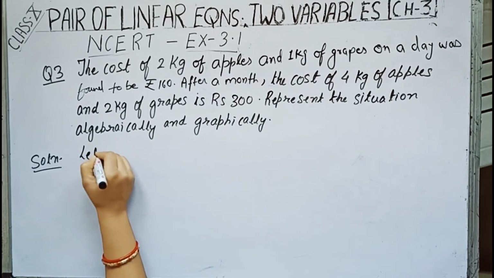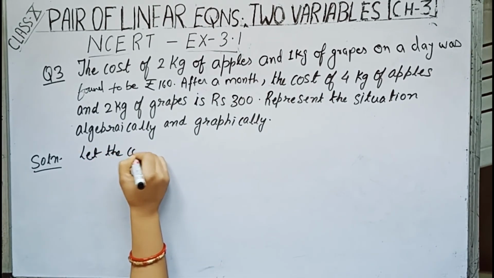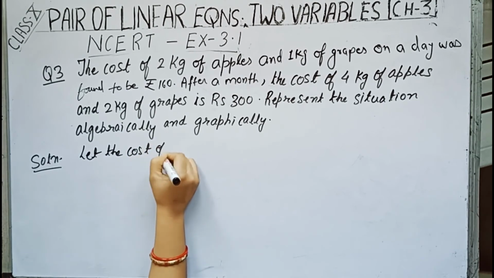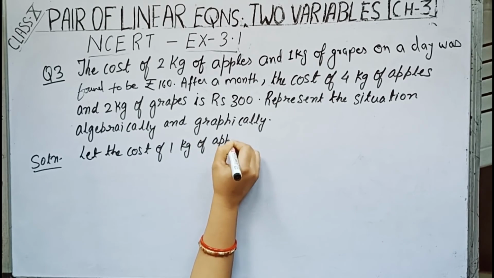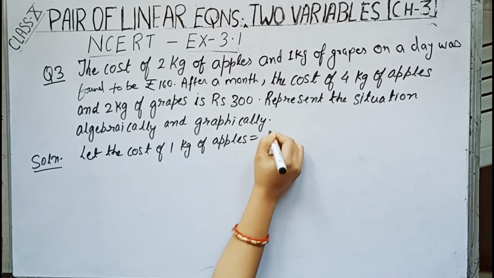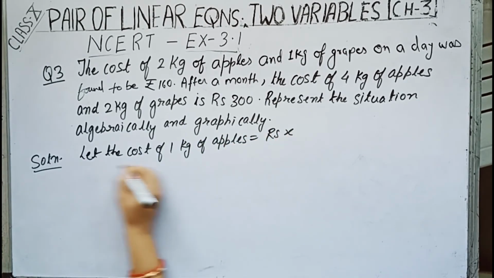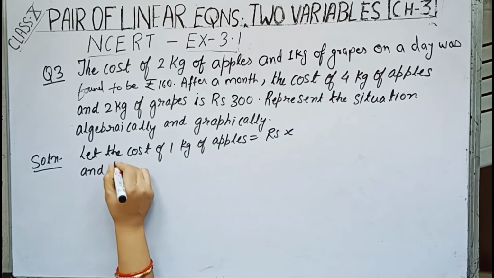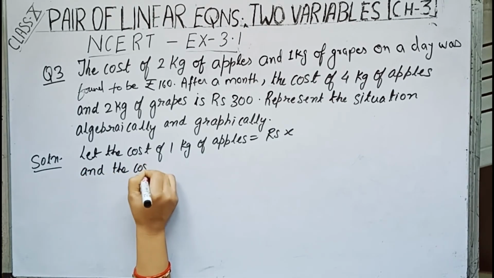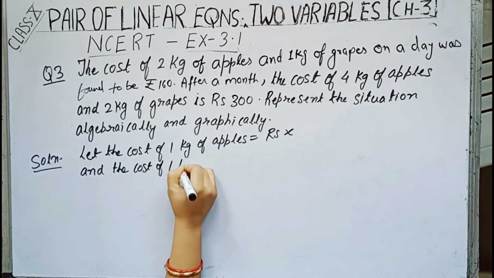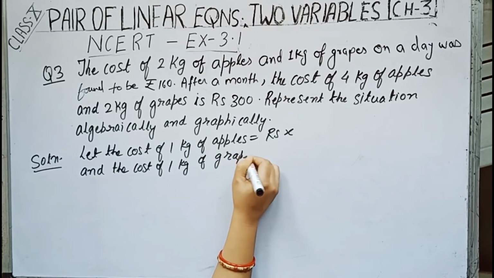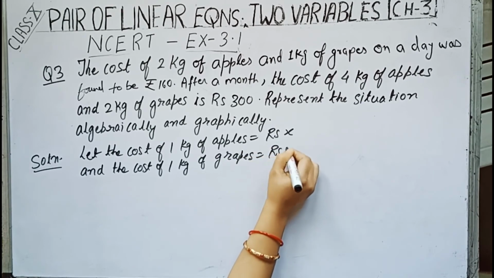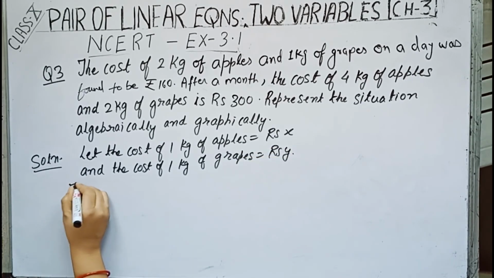Let the cost of 1 kg of apples equal rupees x and the cost of 1 kg of grapes equal rupees y.